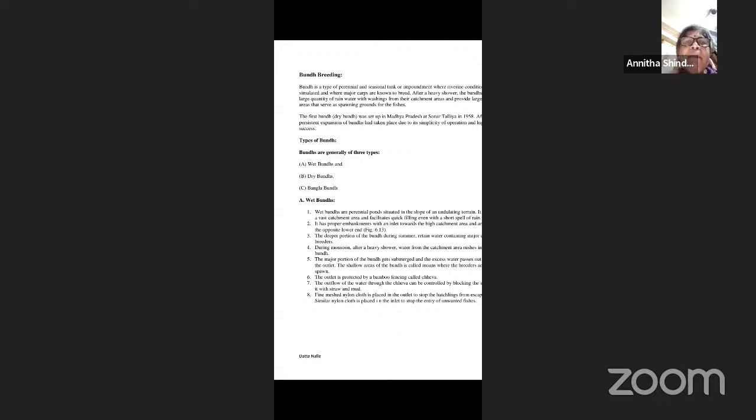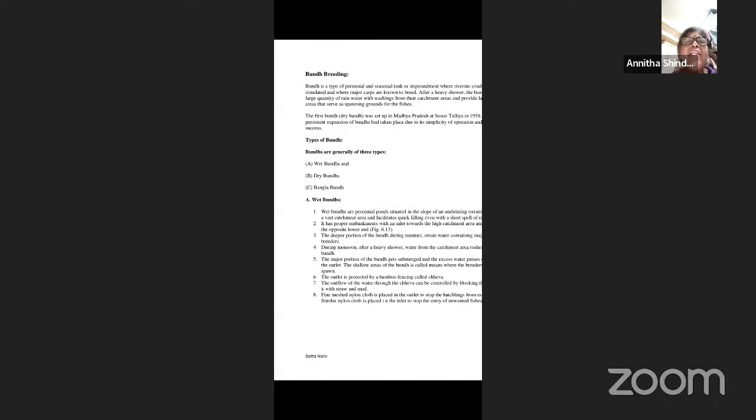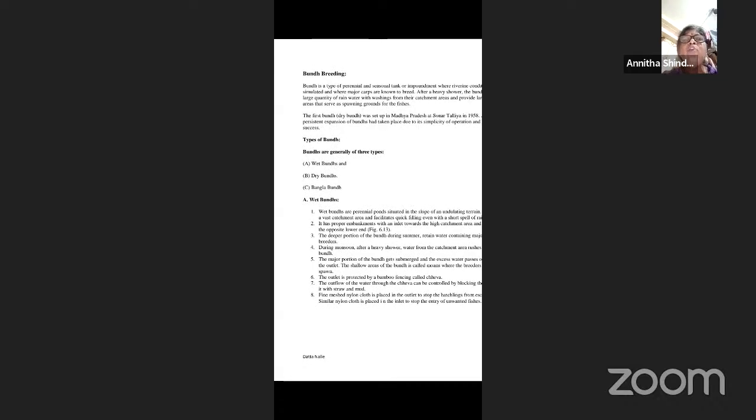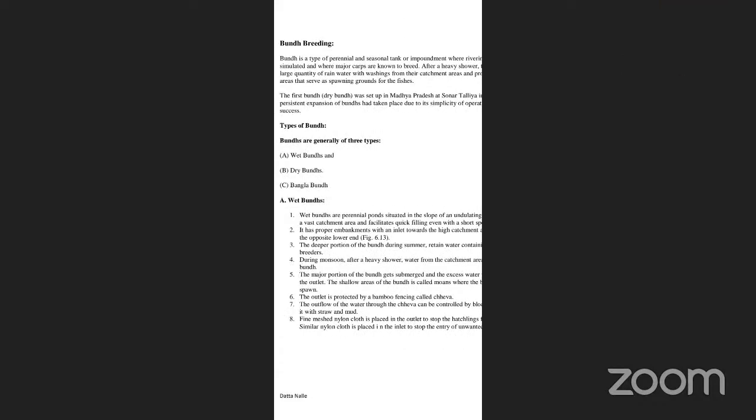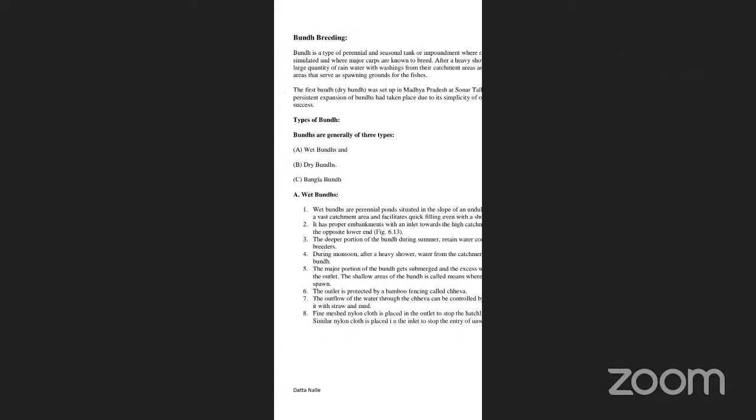Now, what do you mean by bund? A bund is a type of perennial and seasonal tank. It is an impoundment, a small impoundment, where the riverine conditions are simulated and where major carps are known to breed. It is prepared artificially.